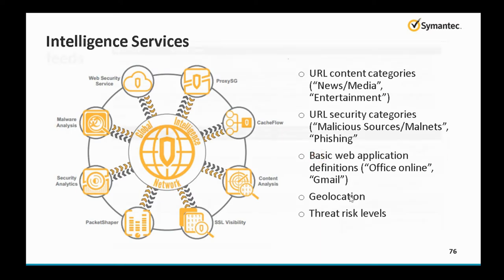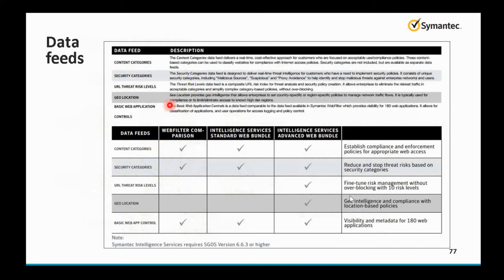Okay? So what happens is, based on your requirement, you can purchase a bundle service. So for example, you have content categories, security categories. So this service is feeding your proxy with different categories that you used earlier.